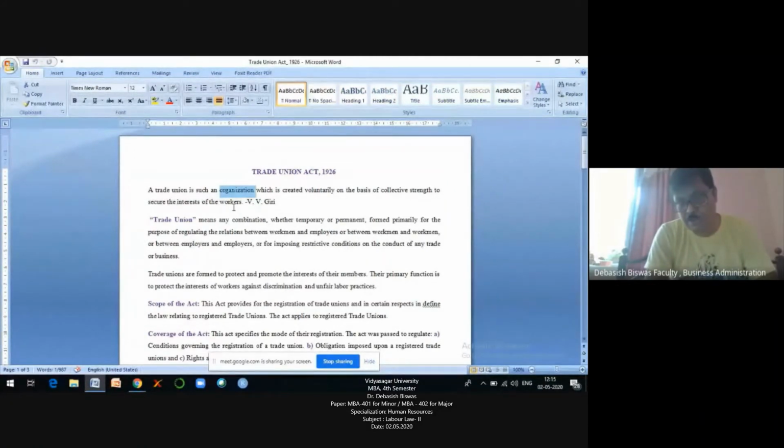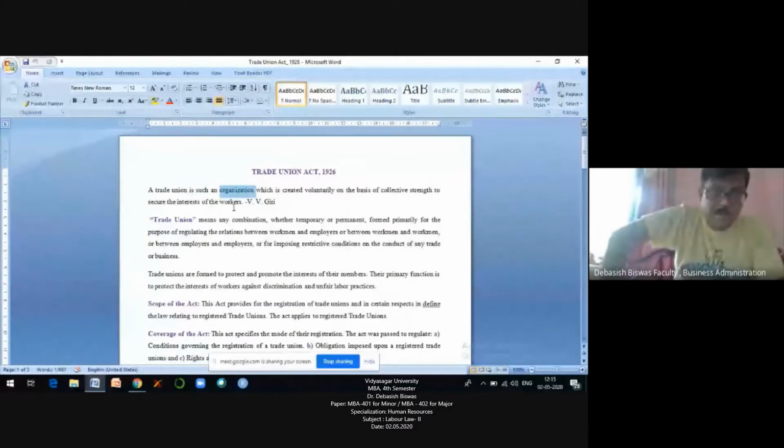So the trade union's objective is to ensure the common interest of the workers. For the well-being and betterment of the workers, a trade union is formed. So no particular worker can form a trade union, but collective strength is required in order to form one.